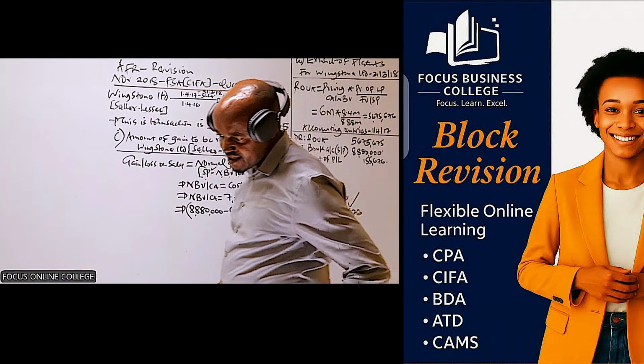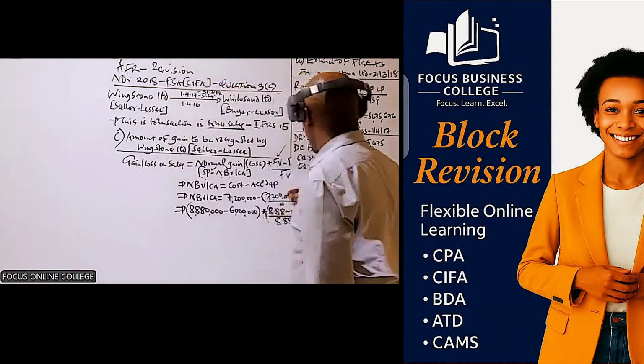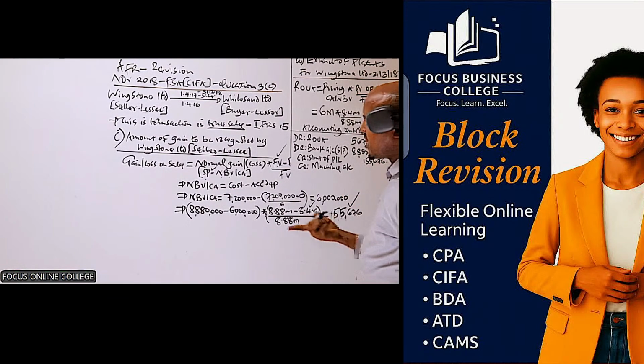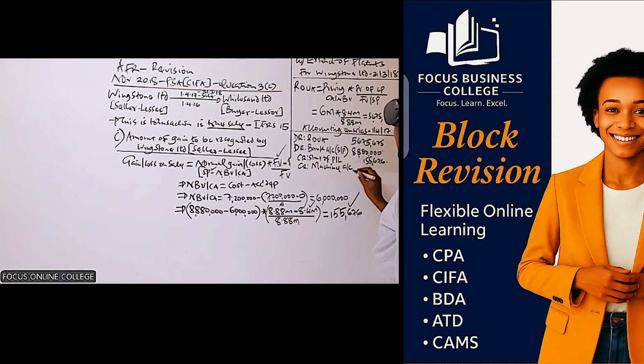Which was this asset? This was machine. The machine account, because the asset was sold. So the account will be credited to derecognize the asset. So it will be credited at the net book value. The net book value is 6 million here. And then still we credit something called the lease liability.